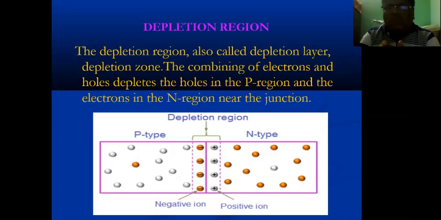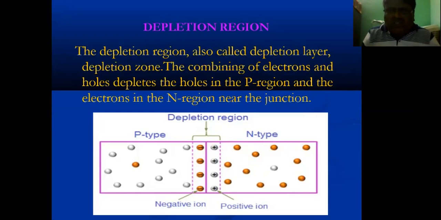Okay. What is the depletion? The combining of electrons and holes depletes the holes in the p region and the electrons in the n region near the junction. Please, all of you see the diagram. The n-type consists of majority electrons, and the p-type consists of majority holes. So the majority electrons from the n-type come to the p-type, and the majority holes come into the n side.